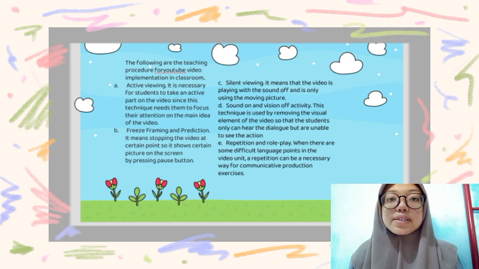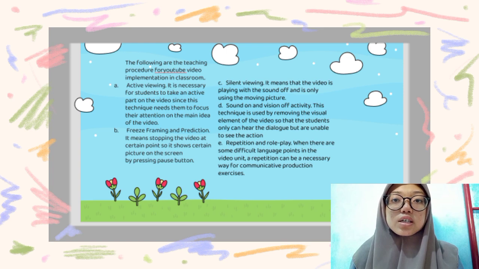B, freeze framing and prediction demands pausing the video at certain points, so it shows a picture on the screen by pressing the pause button. And C, silent viewing. This means that the video is playing without sound, using only the moving pictures.